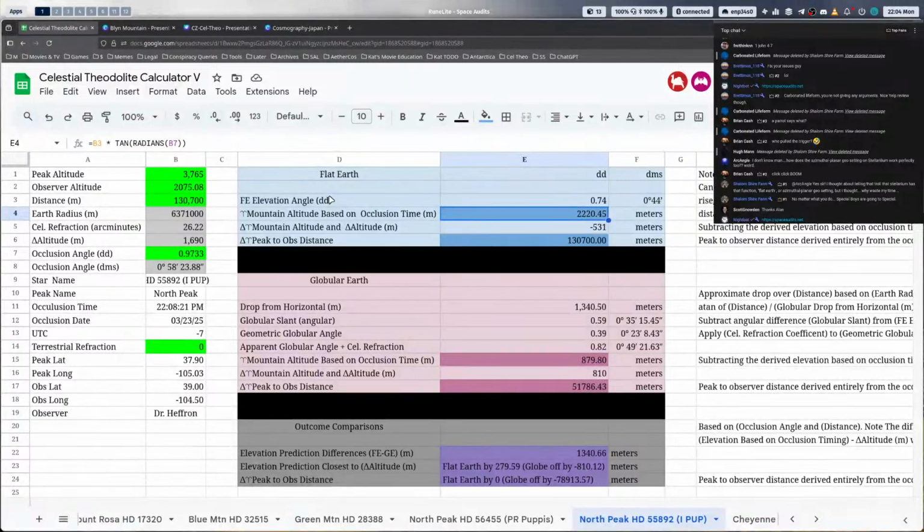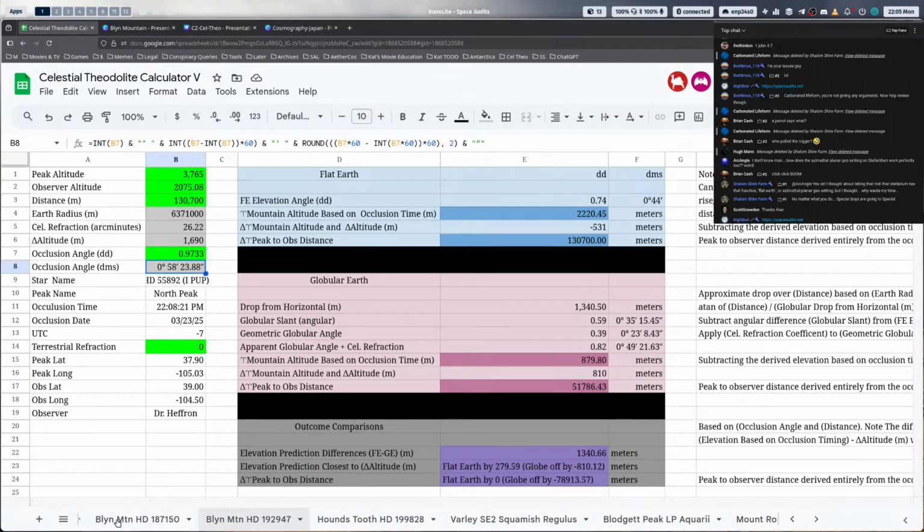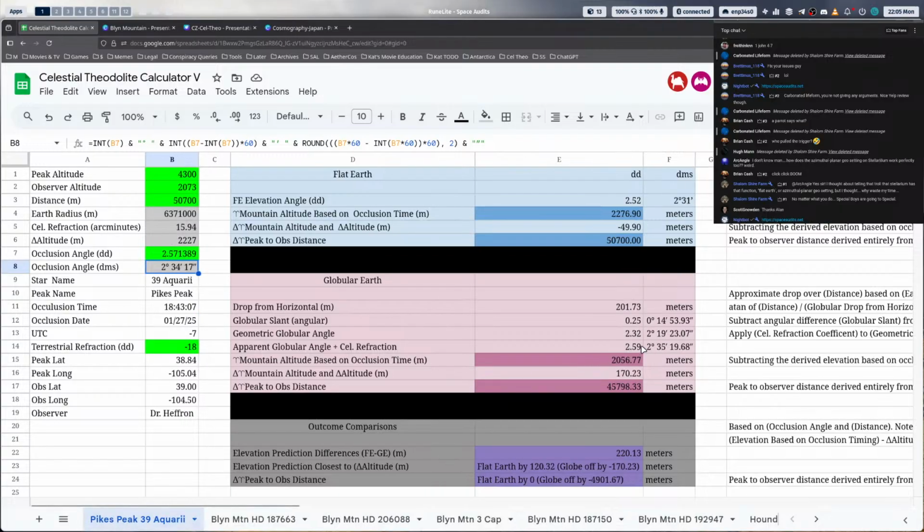It's intersecting with the mountain, with the relative angle to the mountain peak based off of our distance, and we could backwards derive everything off of that time, off of that angle, based off of the occlusion timing, regardless of what it looks like optically. That's why when you go to the observer location and you enter the angle for what the globe optically sees it at, you don't get the same distance when you backwards derive it. That's the difference between this system here.